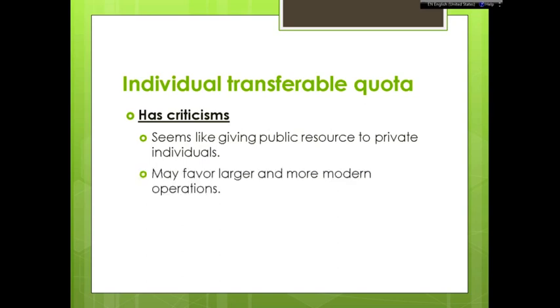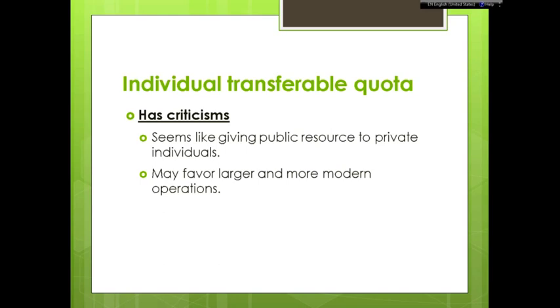It's also possible that the ITQs favor larger and more modern operations. Again, why would that be? What's going to be true about the costs of larger operations? What's going to be true about the cost of these modern operations? Well, sure, their boats are more expensive and their equipment is more expensive, but those are fixed costs, right?